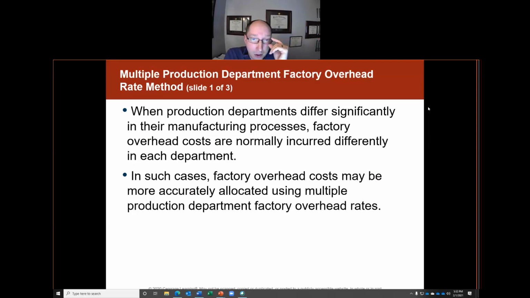Okay? So we would treat each line item differently. We would say we have the snowmobile department, we have the riding lawnmower department, or division, or whatever you want to call it. But it's the same concept. So in this case, factory overhead costs may be more accurately allocated using the multiple department method.